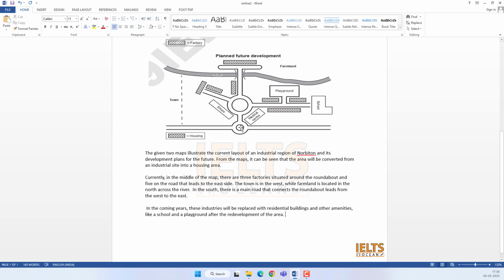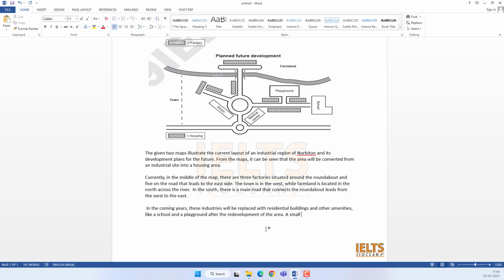So instead of factories, I have written industries. So this is how you have to play with words. If you cannot find any synonym for any word, just repeat the word.